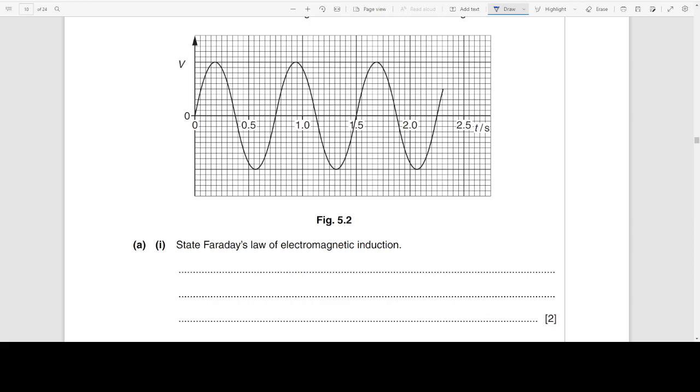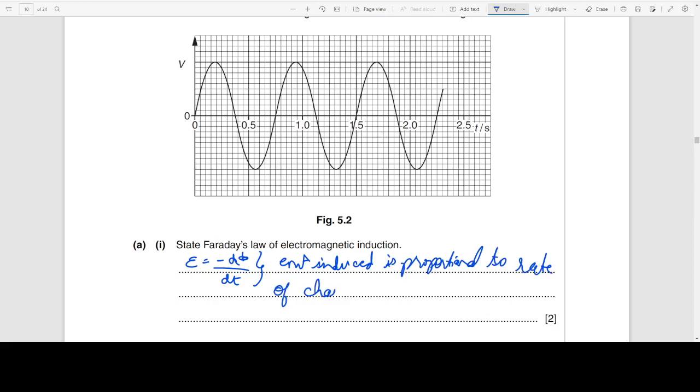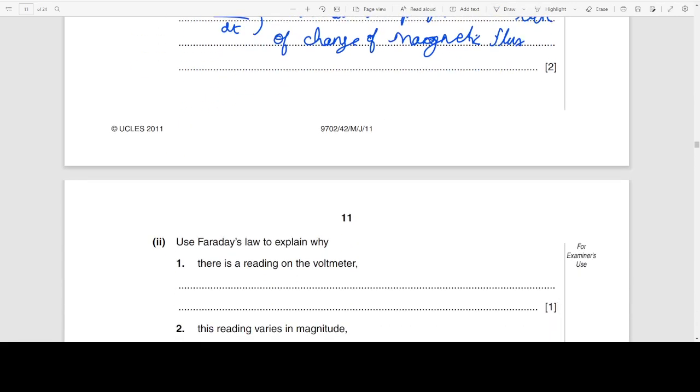So it's just that EMF is proportional to the rate of change of magnetic flux, summarized by this one derivative equation. So the EMF induced is proportional to the rate of change of magnetic flux, which is basically the magnetic field lines cutting through the coil.